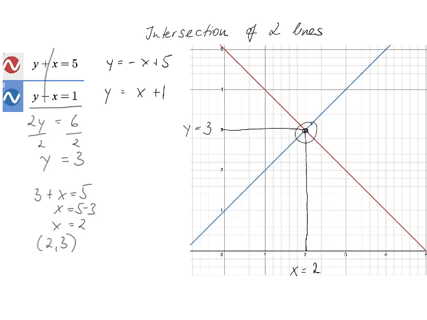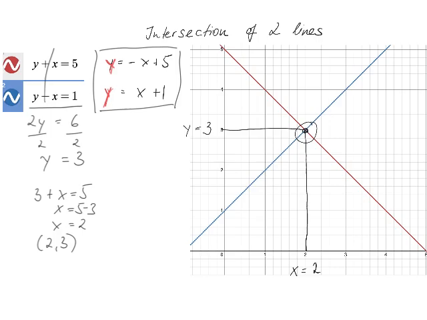I want to show another way to calculate this. If we have two equations in the form y equals minus x plus 5 and y equals x plus 1, remember, this y and this y are the same.